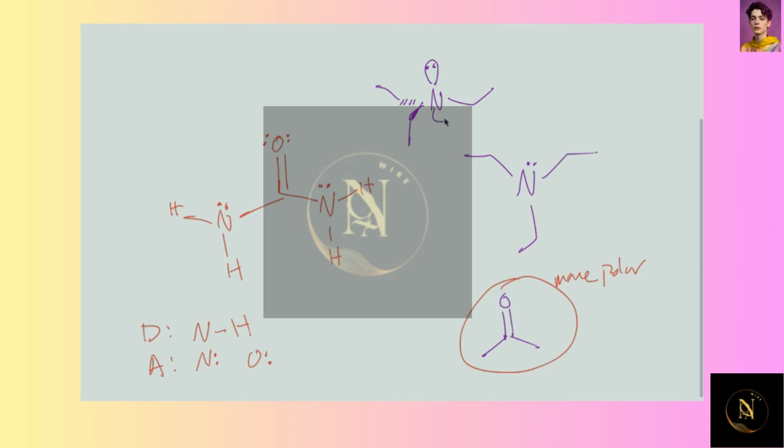So it's sort of like trigonal bipyramidal. A lot of the electronegativity of this will be directed upwards, but it'll also be slightly canceled out by these three groups. It's not as polar as acetone.